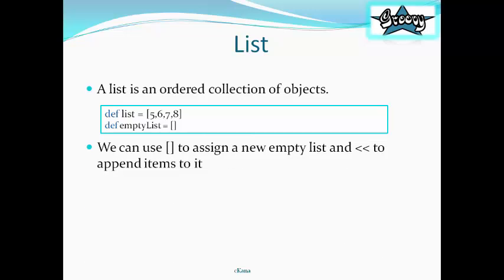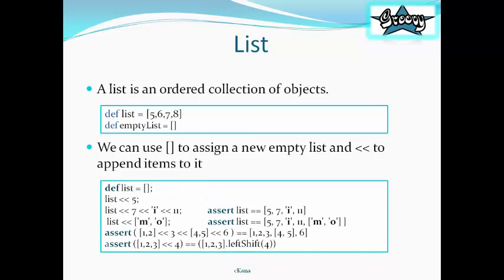We can use the square brackets to assign a new empty list and the left shift operator to append items to it. Like in this code, we have an empty list called list, and then we keep appending items to it and keep checking if the items have been added or not, and this is how the items have been added. You can also use the left shift method to add the items.